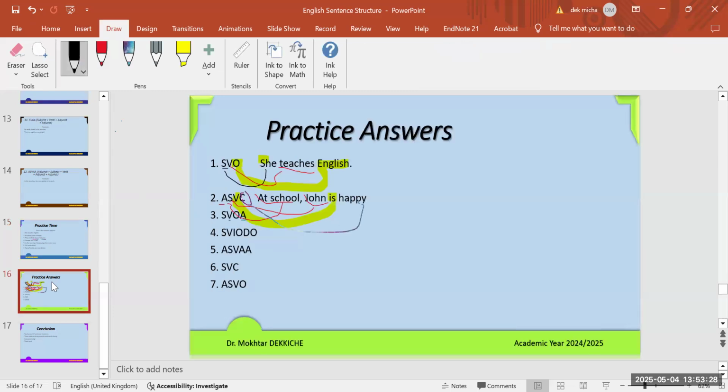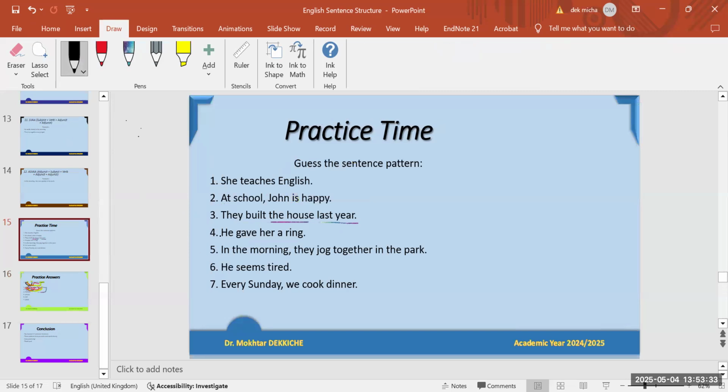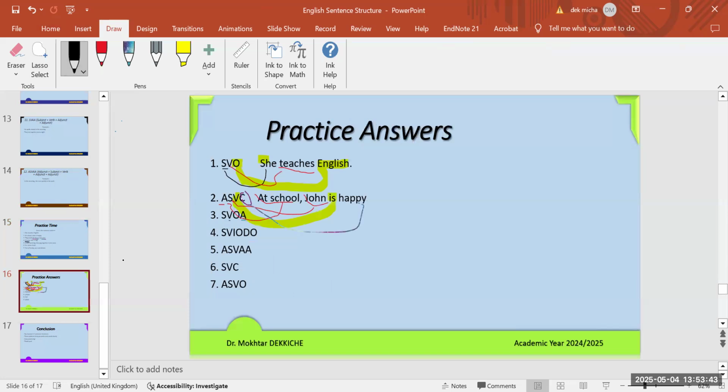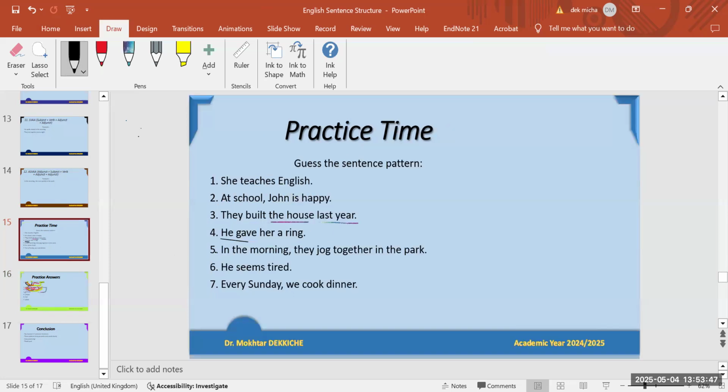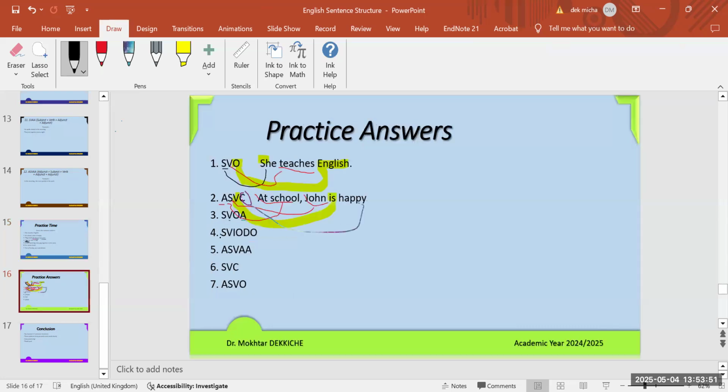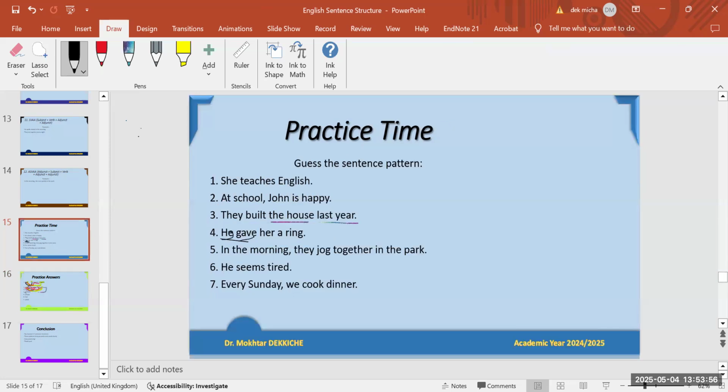Okay, the fourth one, which is he gave her a ring. It is as follows. He is the subject. The verb is gave.